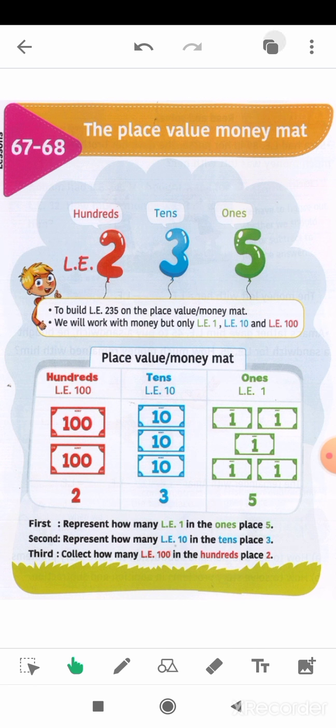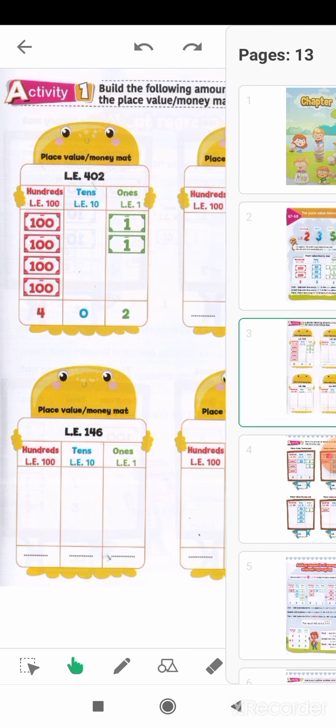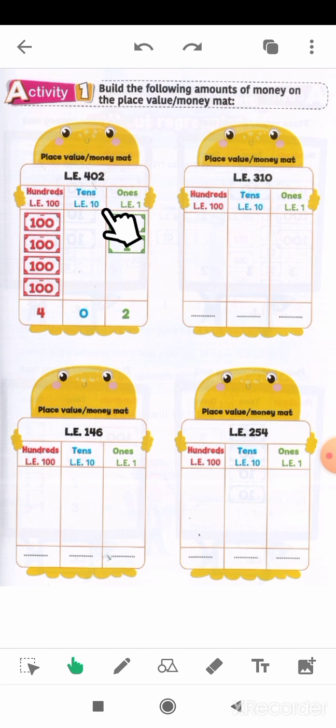Here if I have 402 pounds, how can we put these numbers in place value? We have two ones or 2 pounds here, 1 2.